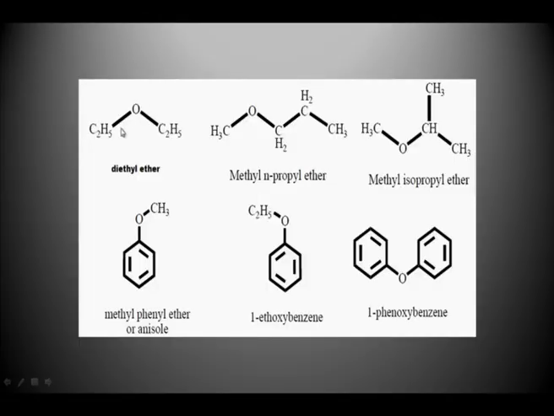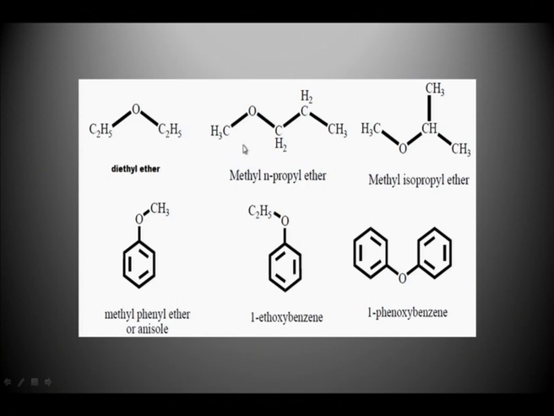Symmetrical ethers are those where the two alkyl groups are the same, and where the two alkyl groups are different, they are called unsymmetrical ethers. Some examples are given here: diethyl ether, where two ethyl groups are attached to the oxygen. The two ethyl groups are the same, so it is a symmetrical ether.